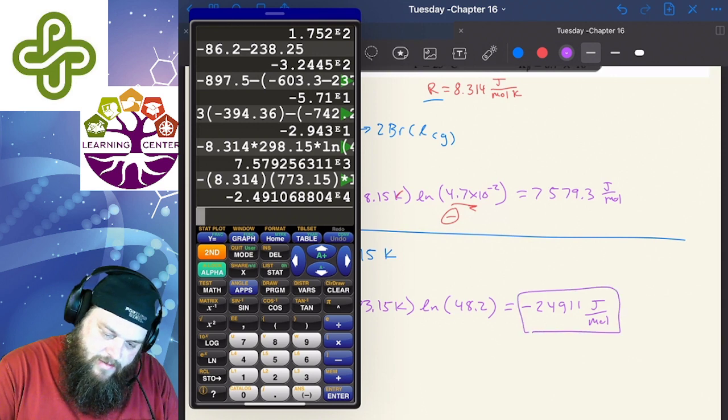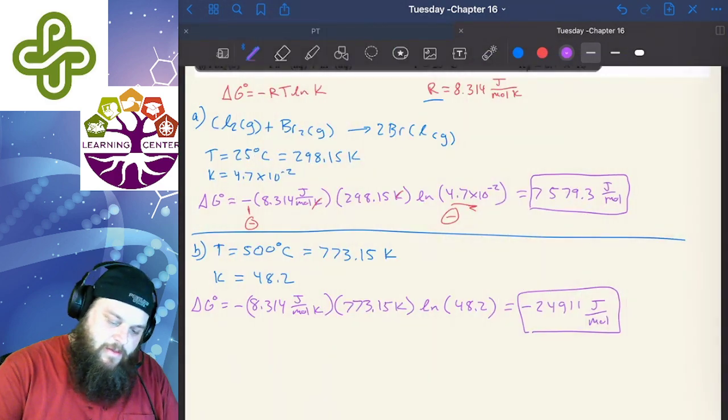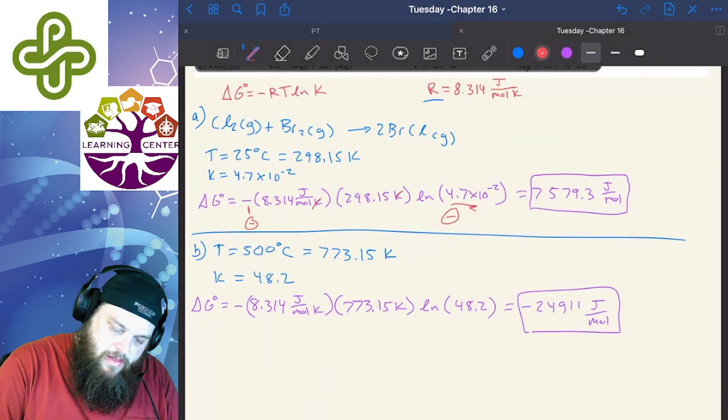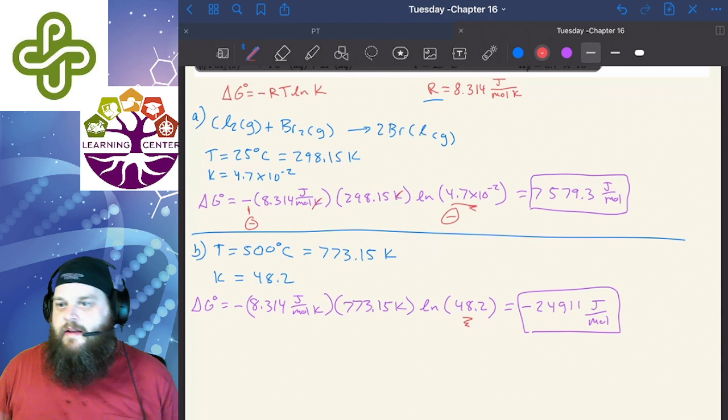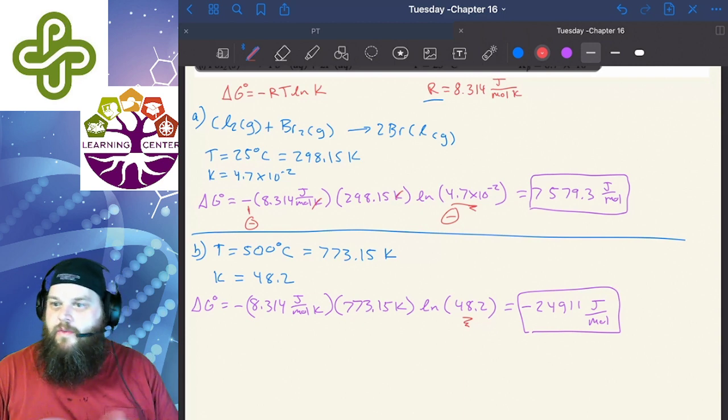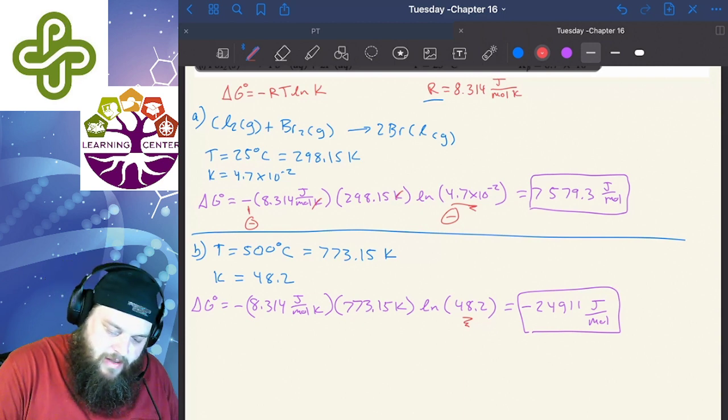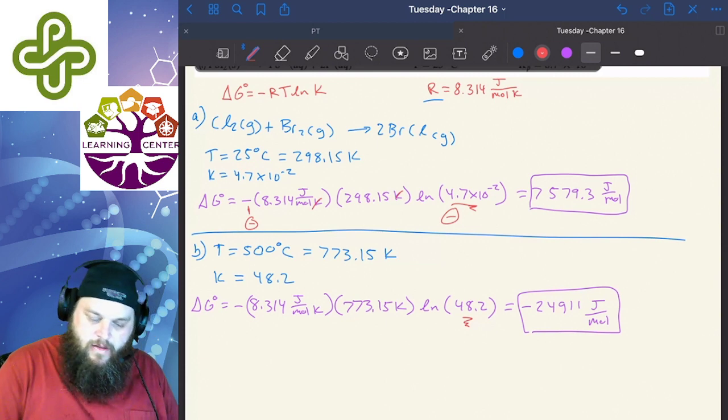See, it's a negative number there. That negative number implies it's a spontaneous value. And we can see by the math, since that K value is greater than 1, we know it's going to be a negative delta G.